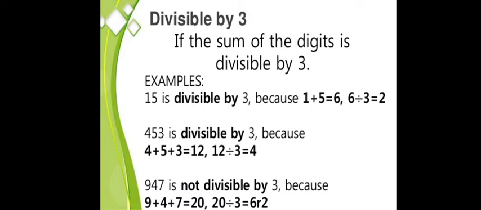So 15 is divisible by the number 3. So if you are adding the digits and you are getting a number which is divisible by 3, the number is also divisible by 3.